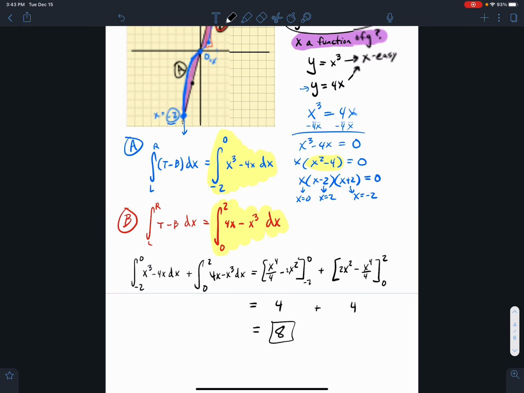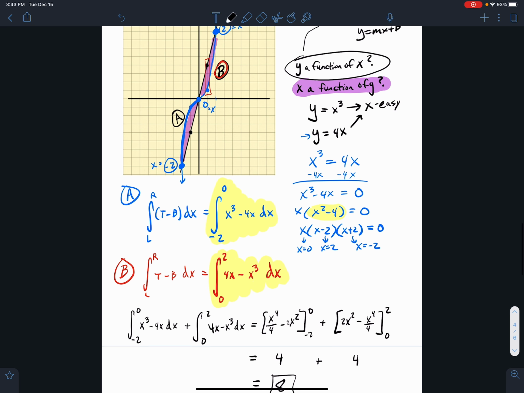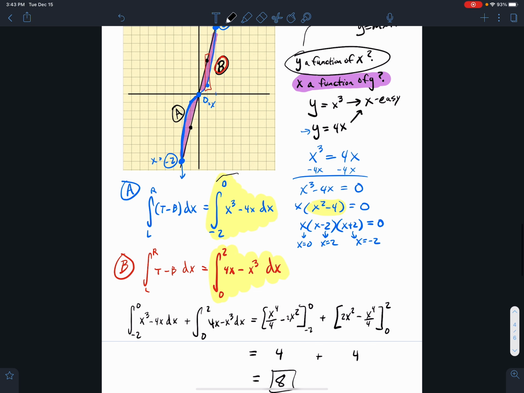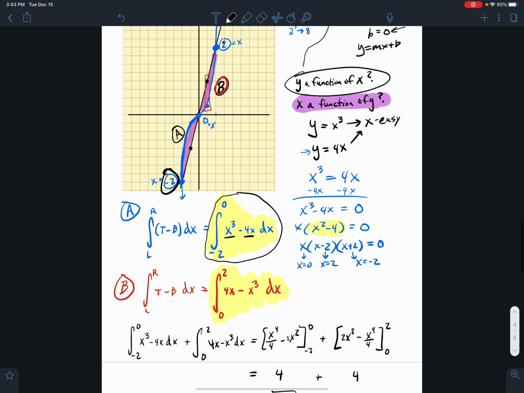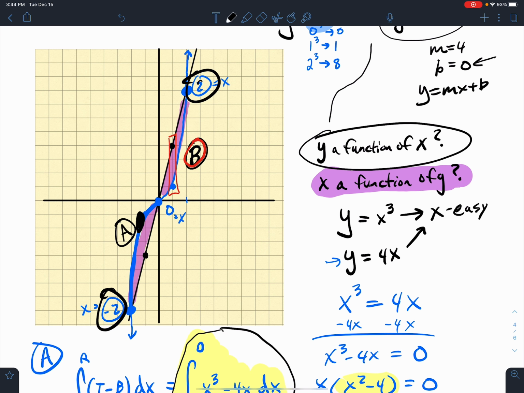Okay? Now, the common mistake that I see students make here is they do this first part here, and they get this top minus bottom, and then instead of integrating from -2 to 0, they integrate from -2 all the way to 2. Now, why is that a problem? Well, the top switches from the top to the bottom for the second part, for one.